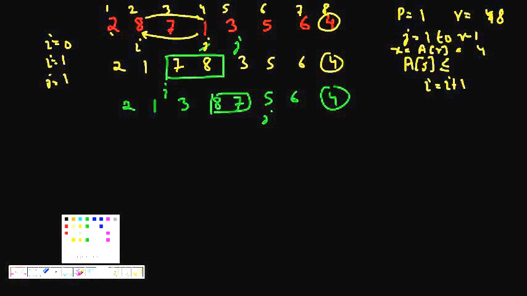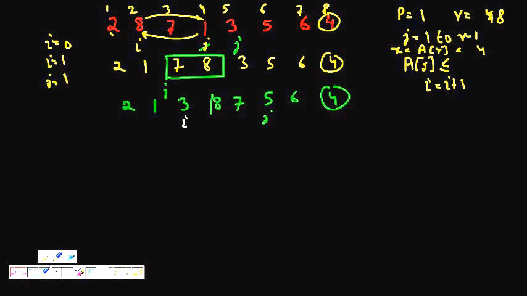Okay, so let's see now what we do. j is here and i is here, so again we check if a of j is less than or equal to the pivot element, which is not the case. So this also comes under the window of greater elements, so the window of numbers greater than or equal to x becomes larger.